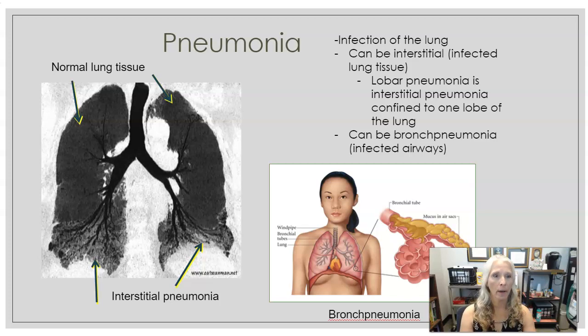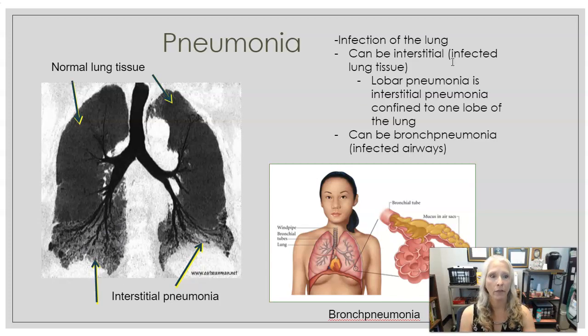Moving on now to pneumonia. Y'all know what pneumonia is. It's fluid or infection within the lungs. Up here, the x-ray shows nice dark tissue, so that's normal lung tissue, whereas down here you have some interstitial, which means between the cells of the lung parenchyma itself.